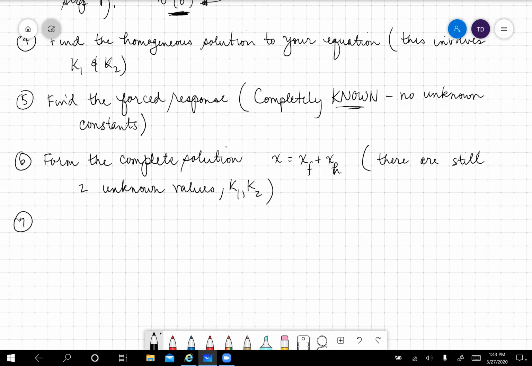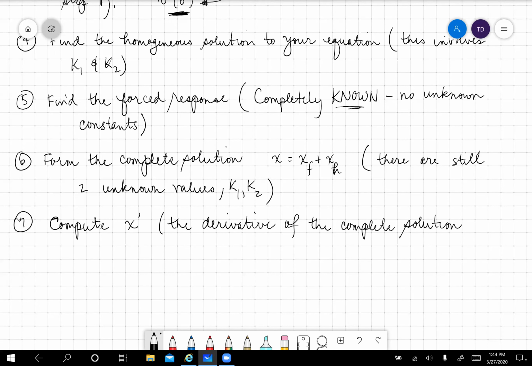Step 7, once you form the complete solution, compute x prime, the derivative of the complete solution. So compute that derivative.